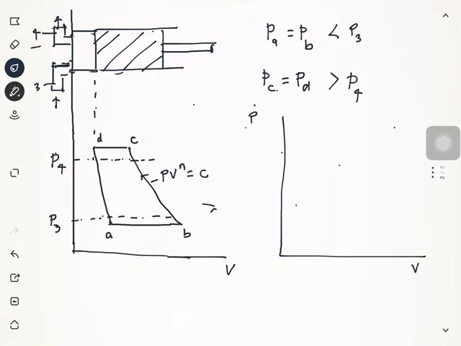For example, P3 is our suction and P4 is our discharge pressure. Let me extend this one.